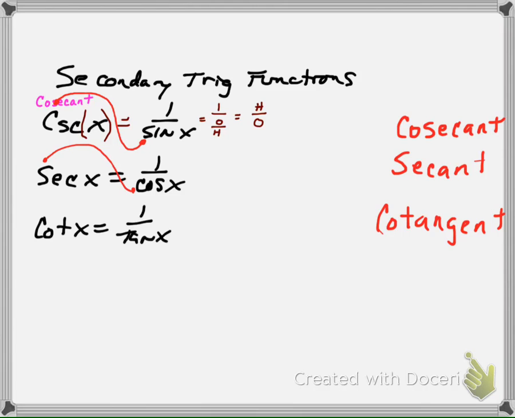So the cosecant of an angle in a right triangle is the hypotenuse over the opposite, simply the flip of the sine. Secant would be the flip of the cosine, which would be hypotenuse over adjacent. And then cotangent would be the flip of the tangent, which would be opposite over adjacent. So the cotangent would be adjacent over opposite.